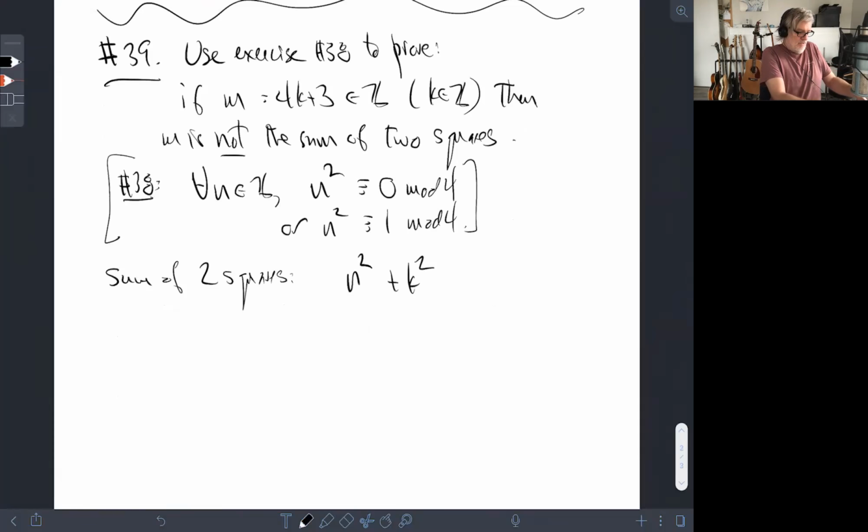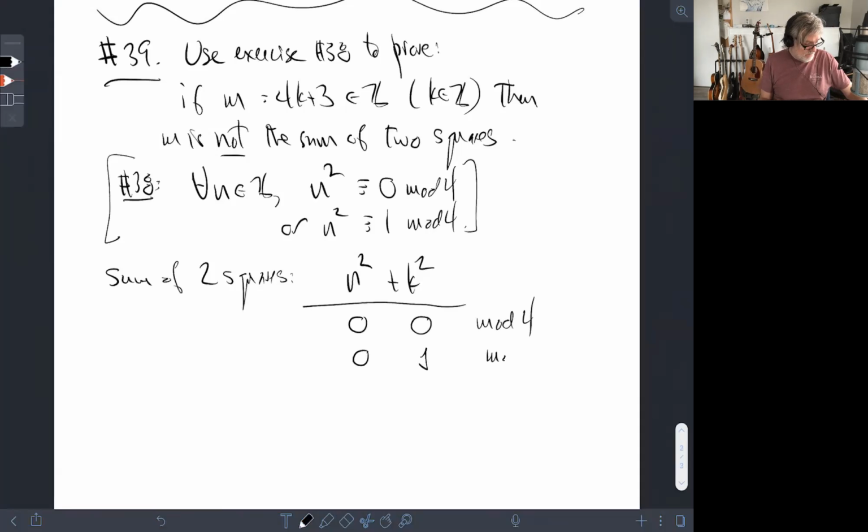I am just messing around to see why this would be true, okay? So 38 tells me n squared is either 0 or 1 mod 4, and same for k squared, right? So this could be 0 and 0 mod 4. This could be 0, 1 mod 4. I'm just doing a little table of the possible cases. These are all the cases, right?